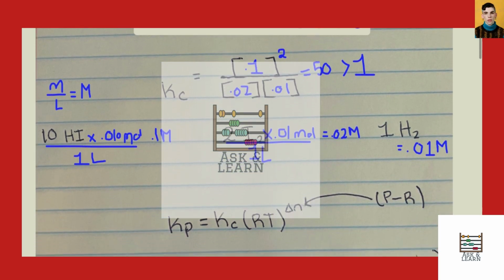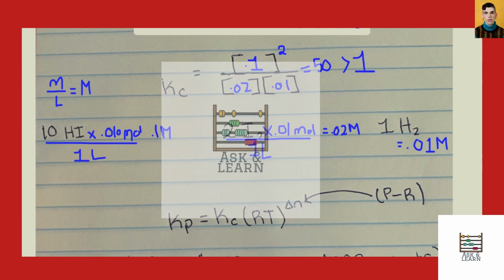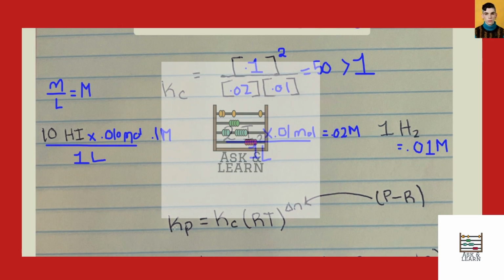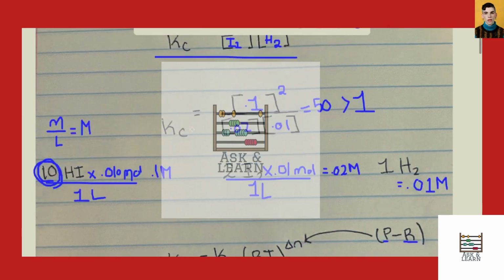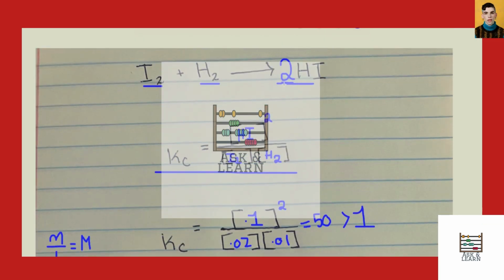All right, let's move on to the second part of the question. We're asked how Kp is related to Kc. So we can use this equation: Kp equals Kc times RT raised to delta N. Delta N represents the number of moles of product minus the number of moles of reactant in the chemical equation. So we don't need to count, and we don't need to use the numbers that were given in the picture. We just need to look at these moles.